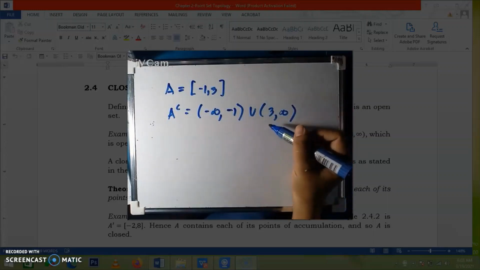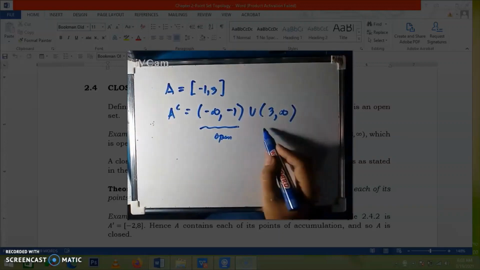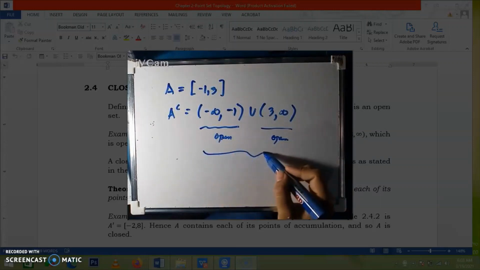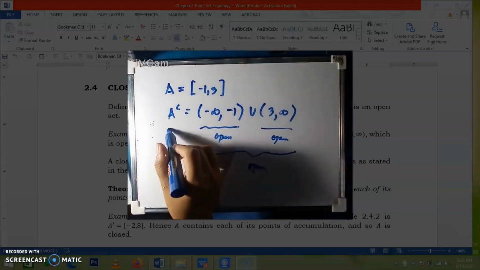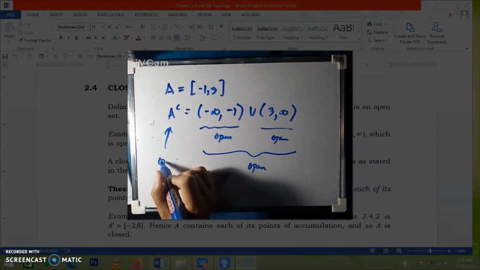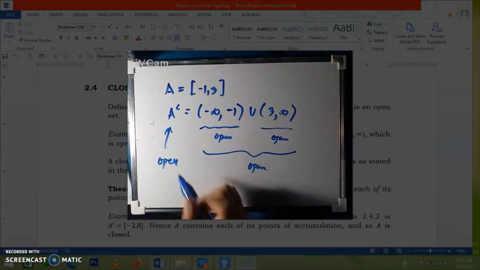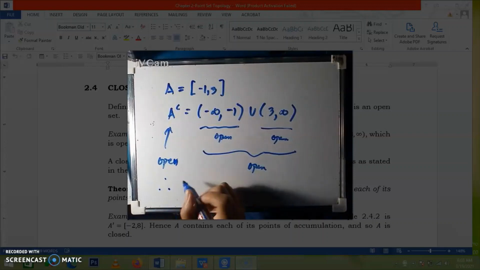Now notice here that each interval is open, and we know that the union of open sets is open. Therefore, the whole thing is open. Hence, we can say that the complement of A is open. Now, by using the definition, if the complement of the set is open, then we can say that the given set is closed. So we can say that A is closed.